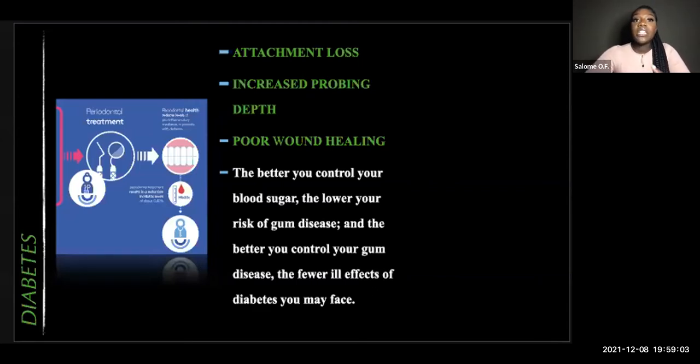And if we're seeing high numbers like 9, 8, we won't perform surgery because the outcomes won't be as good as we would want to see on a patient who may be healthy. So end all be all when it comes to gum disease and systemic health, especially diabetes, you control your blood sugar, you lower your risk of getting diabetes, or you lower the risk of your diabetes getting worse.